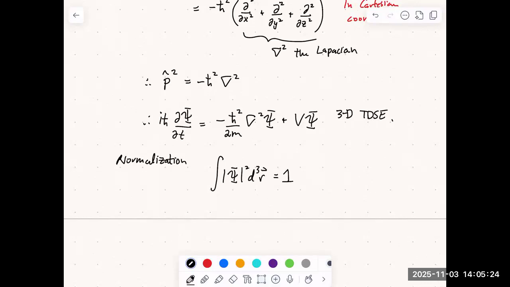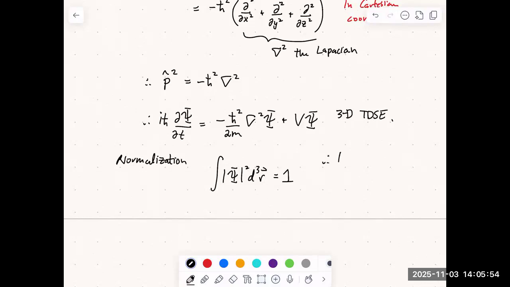Now, if we do a dimensional analysis of this normalization, on the right-hand side, we just have 1. It has no units. So this thing on the left better be a volume, with units of, say, cubic meters. And that means that the square of the wave function better have units of inverse cubic meters.